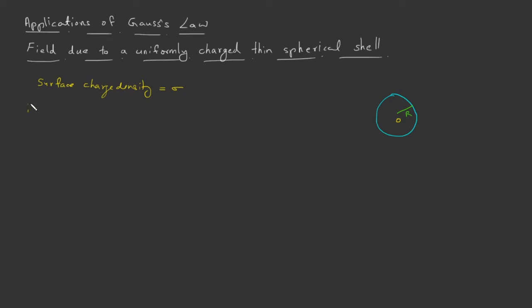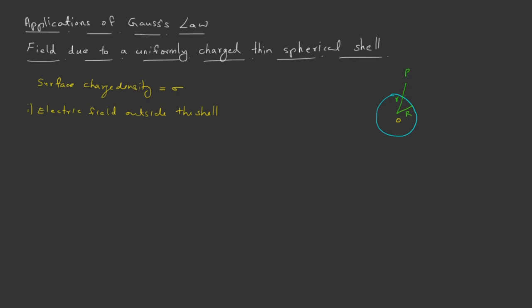Now we are going to consider the first case, that is, the electric field outside the shell. That is, we need to find the electric field at a point P outside the shell, r distance away from the center of the shell.